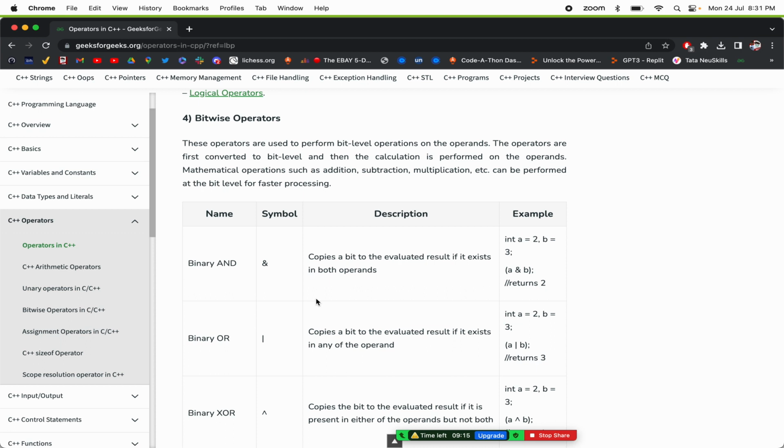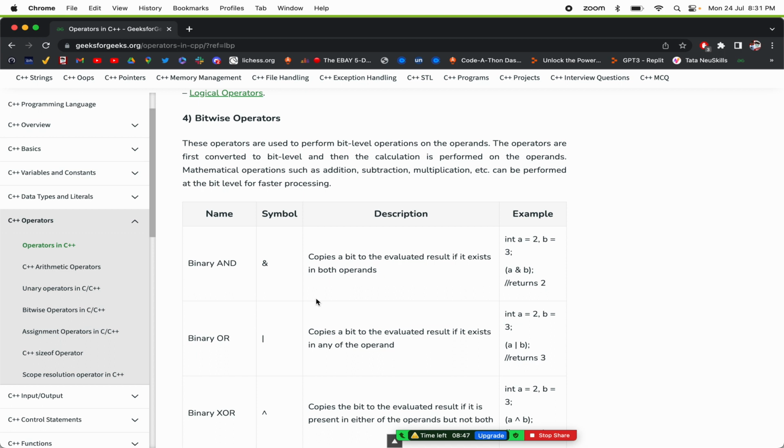If the corresponding bits of both the numbers are 1, or are true, then AND will return 1 for that bit, or else it will return 0.